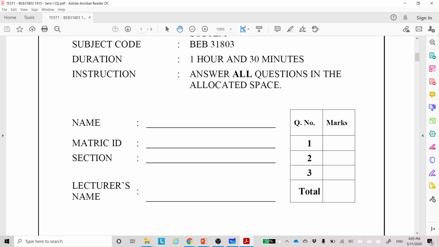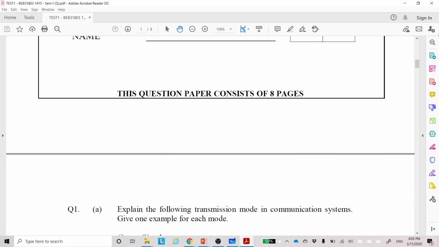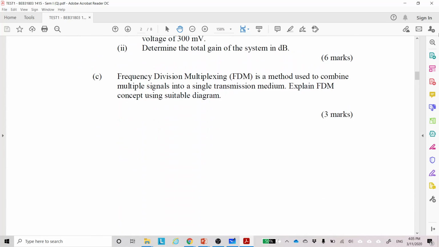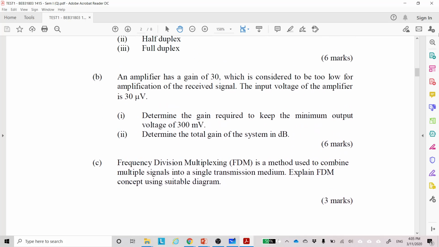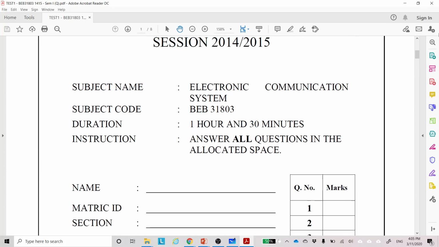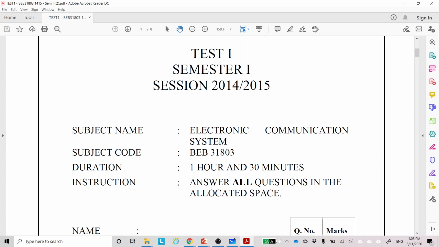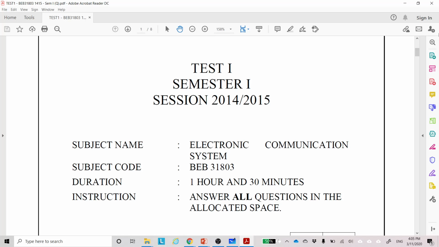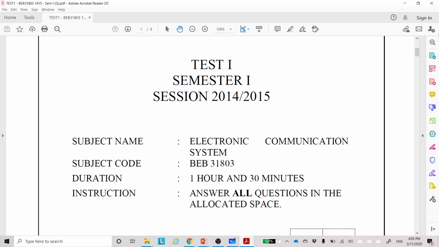Okay. So saya just tunjukkanlah. Kalau you boleh jawab soalan semester ini dengan baik, saya yakin kamu boleh score ECS pada semester ini.